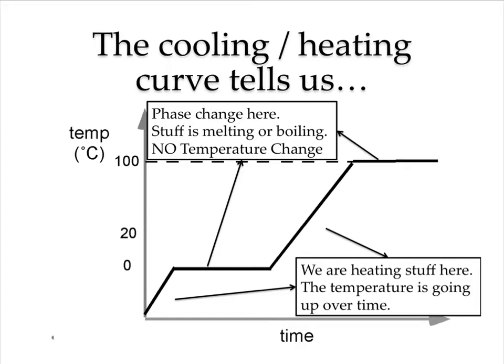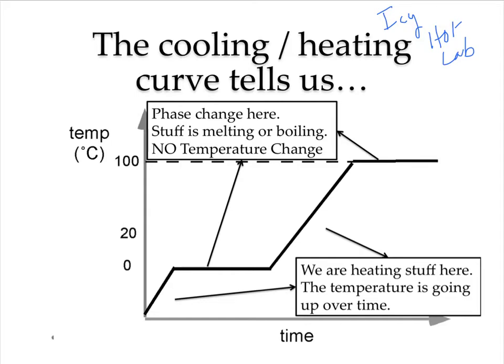So, looking at our graph here, and this is very similar to the one that you did in the Icy Hot Lab, where we had the cup of ice and we sat it on the hot plate and put a temperature probe in it and just kind of graphed what happened to the temperature throughout that whole thing.